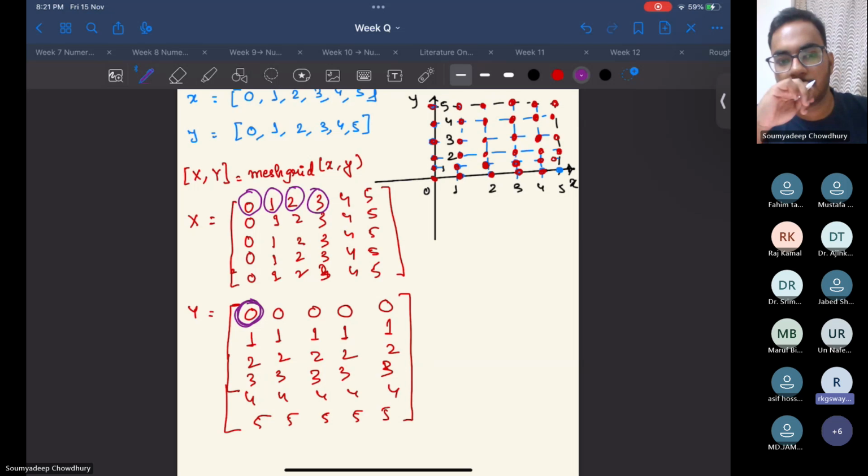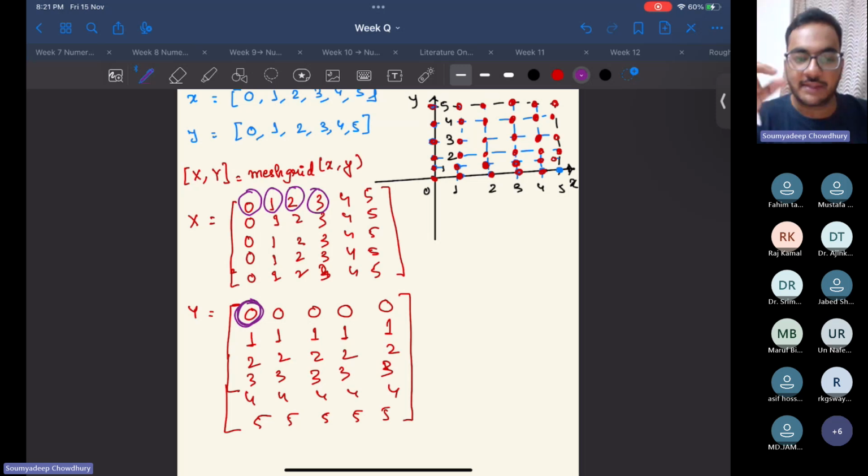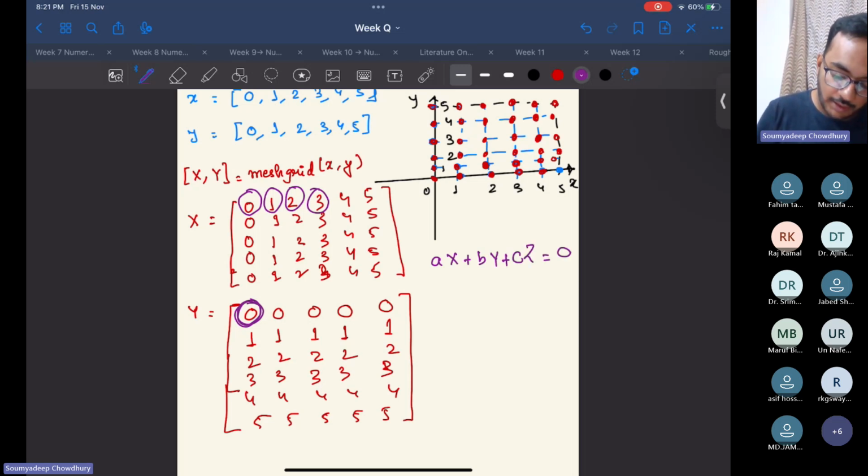So what is the outcome of applying the meshgrid function? We are getting x and y as two different matrices which contain all the points in that particular mesh. Now if we want to plot a surface, say I have an equation like this: ax plus by plus cz equals d.